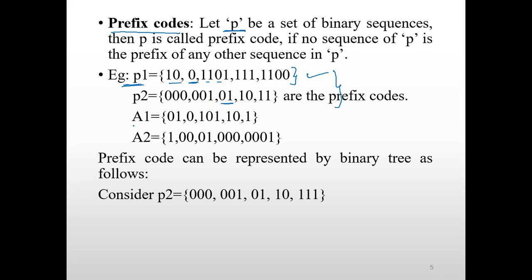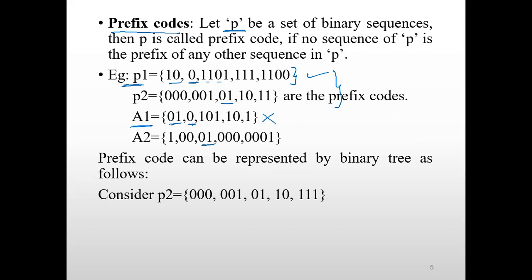Suppose we consider the example A1. Here we have the sequence 0, but this 0 is a prefix or starting value of one of the sequences present in A1. So here the sequence starts with 0. Hence, this A1 can't be considered as a prefix code. Likewise, here also we have the sequence 0, 1.